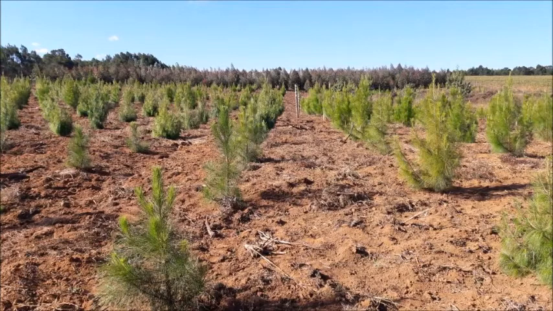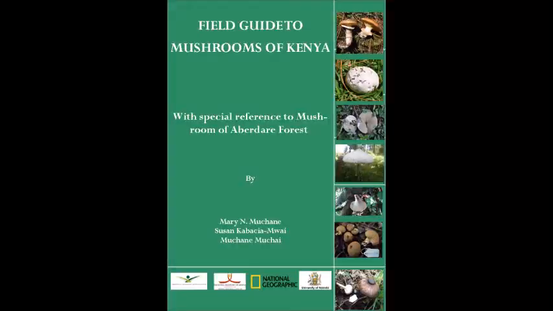We also want to gain data that can be used in developing effective afforestation programs, especially for tree species that form mutualistic relationships with some of these fungi species. At the same time, we want to generate data that can be used to develop a field guide that can be used by both the scientists and the citizen scientists in describing and identification of mushroom or macrofungi species in Kenya.